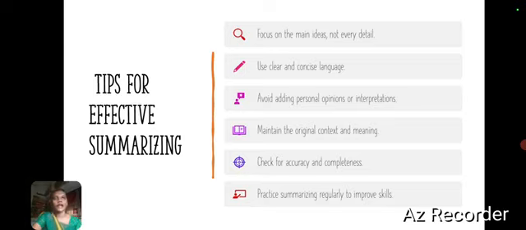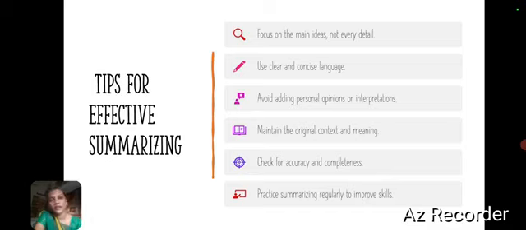That's not good. And then maintain original content. Original context means you have to retain the same information in your summary, and check for accuracy and completeness, so that the same idea is being expressed in your own context.